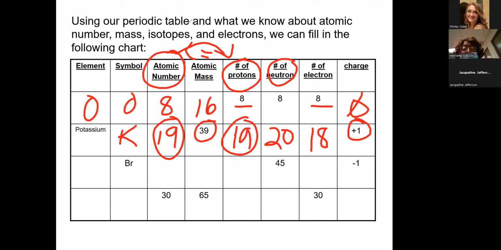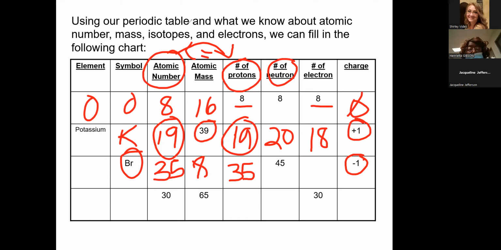All right. Now this one's going to be a little more difficult because we don't have a whole lot to go on, but we do have a charge of -1, and we also have bromine. So since we know this is bromine, bromine is element number 35. So we know the atomic number is 35, which means the number of protons is 35, which means when we add those two, this is 70, right?